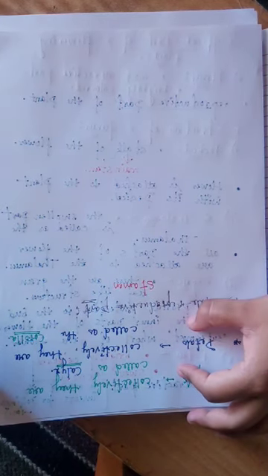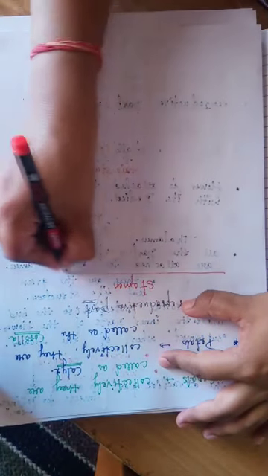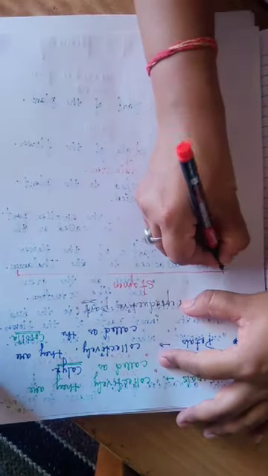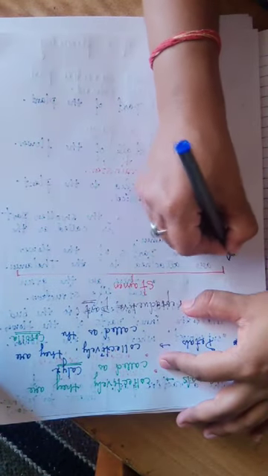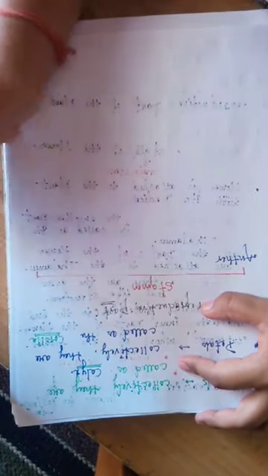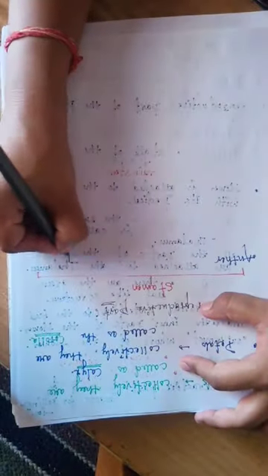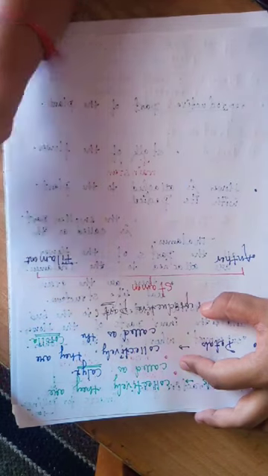And this stamen has again got two parts. They are, number one, the anther, and number two, the filament. So what has this anther got?